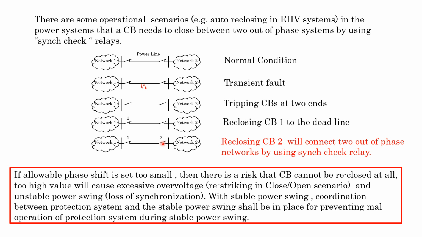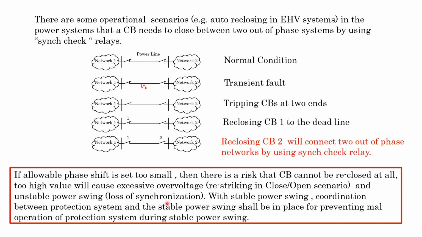We're not going to explain a study on that. So if the allowable phase shift is set, what we can do is put a very low value of this phase shift. We want to be safe.